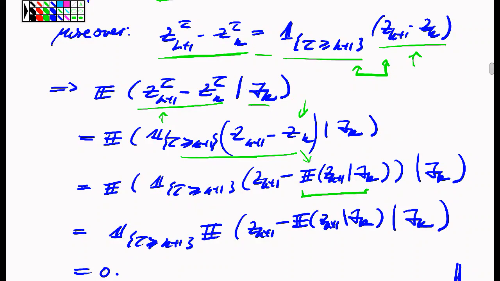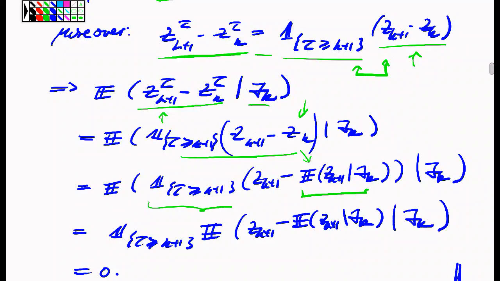Okay, now that was this little step here, and the next thing to observe is that whether or not the stopping time has kicked in at time k+1 or not, that is something that we can observe already by watching the whole evolution of the processes up to time k alone.